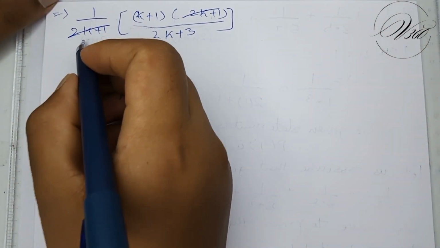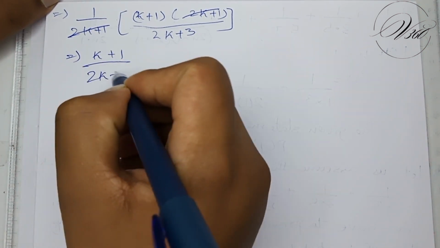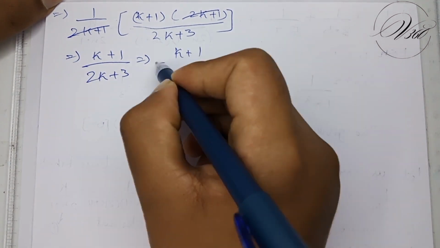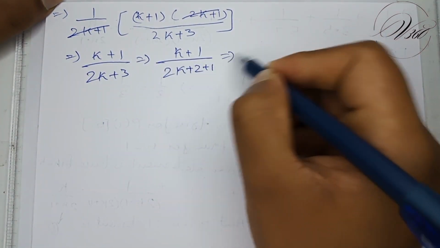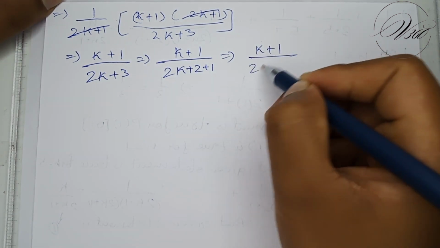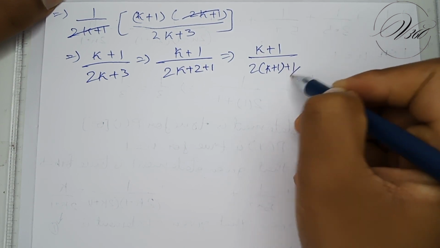Now here we will get k plus 1 by (2k plus 3), that is equals to k plus 1 by (2k plus 2 plus 1). We can write it like this. Now here k plus 1 by 2 of (k plus 1) plus 1, okay?